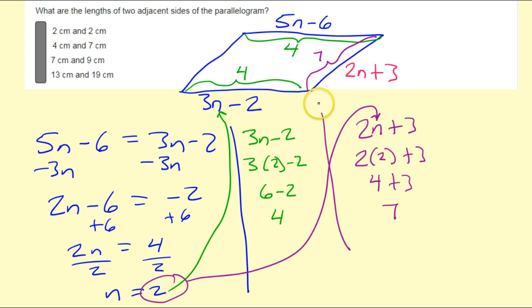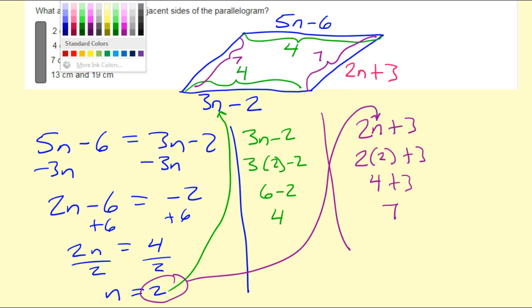So this is 7. Alright, so my drawing turned out not to be to scale. I made it look like this side is longer, but really this side is longer, but whatever. It's a diagram. It's a schematic. Drawing, not to scale. Anyway, so I have these side lengths, which also means that this side over here will also be 7, because opposite sides of a parallelogram are equal.